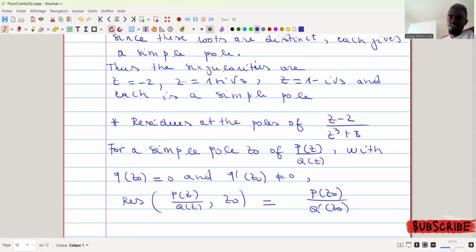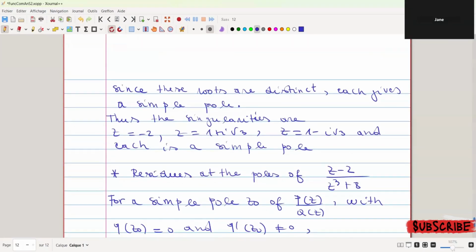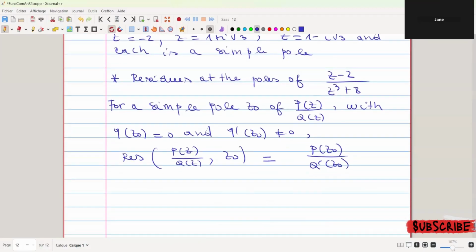Can you go over that side? The residue at the pole, P of Z over Q of Z. Is the formula always like this? For instance, if you have P of Z over Q of Z and you want the residue, will it always be P of Z naught over Q prime of Z naught?